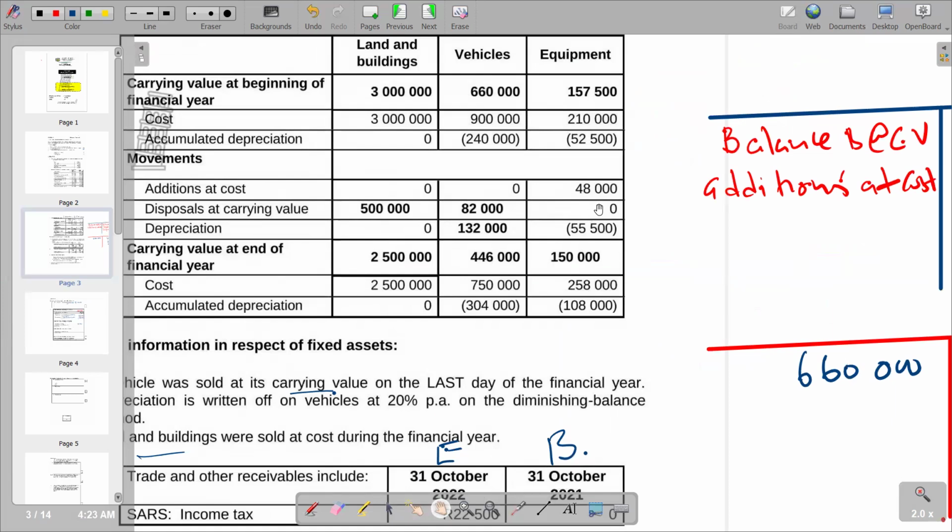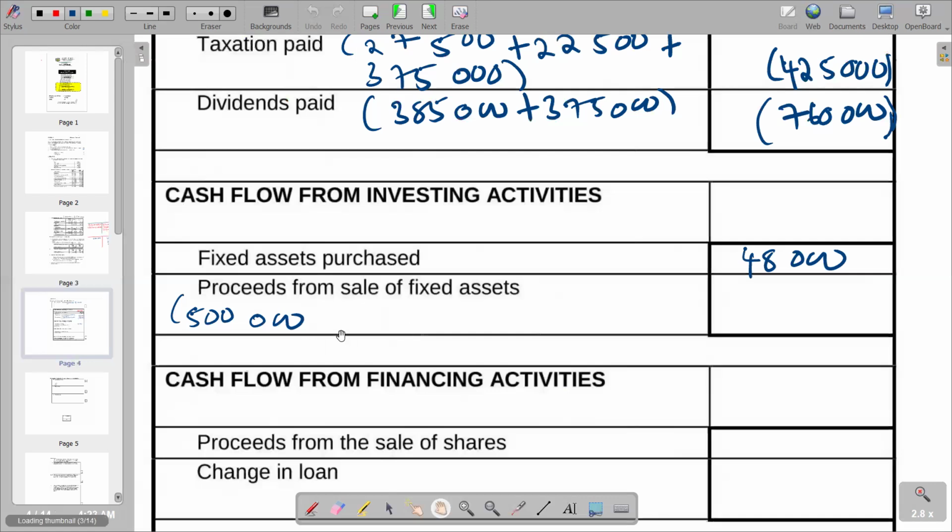So we are just going to put that 82,000. If you calculate there, you are also supposed to get the same value of 82,000. So here you just add 82,000. In there, you can see that the answer you are supposed to get is 582,000.